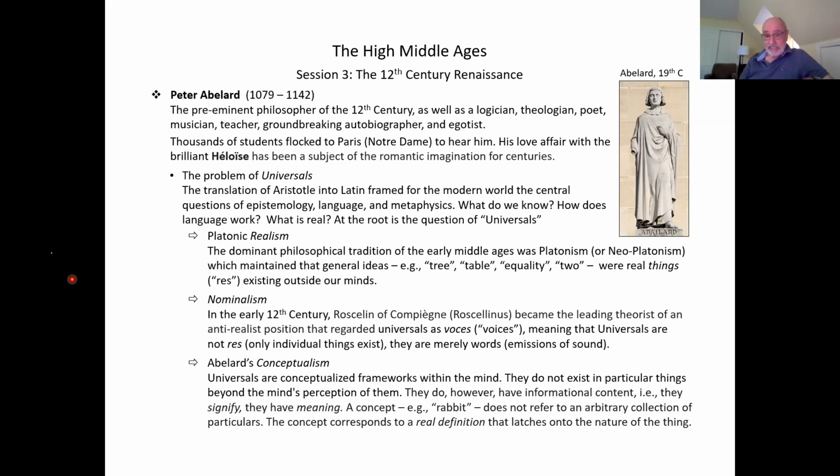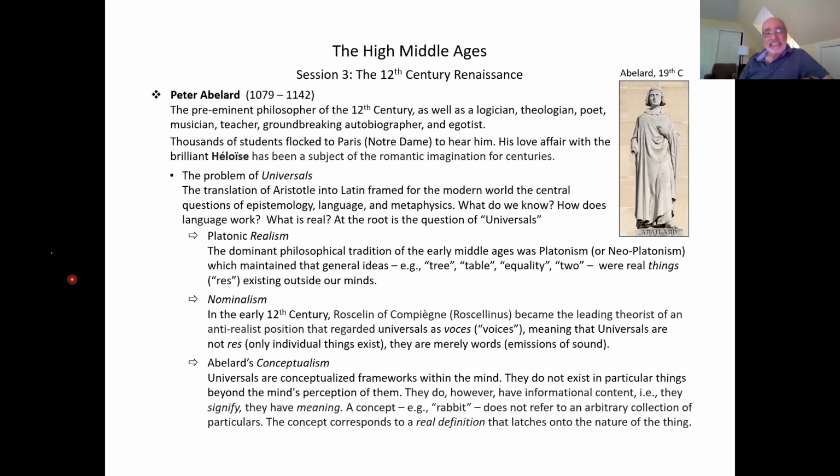And for Roscelinus, a word is the sound your mouth makes. That's it. The theory called nominalism, this would be the most extreme, unsophisticated version of nominalism, belonged to Roscelinus.